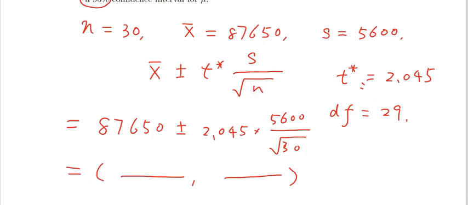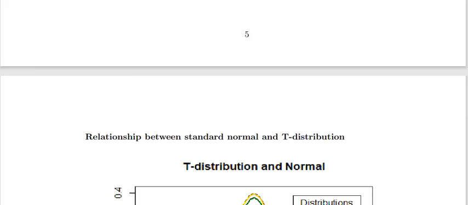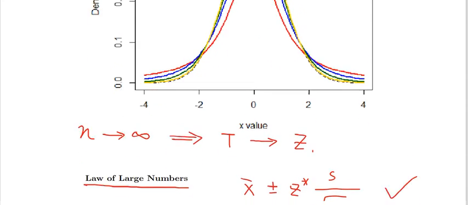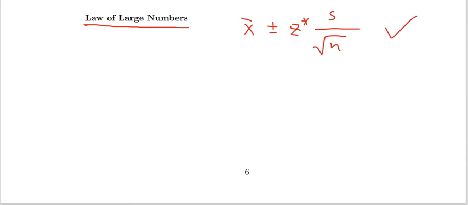Okay. So last class we mentioned, we were talking about confidence interval for proportion, right? For p.